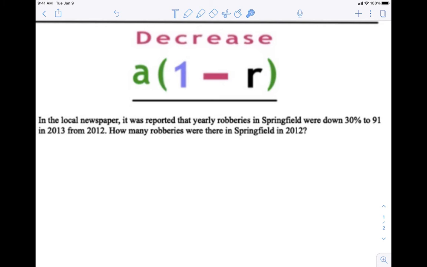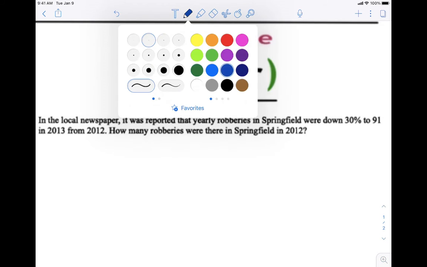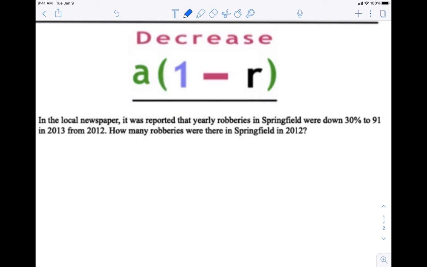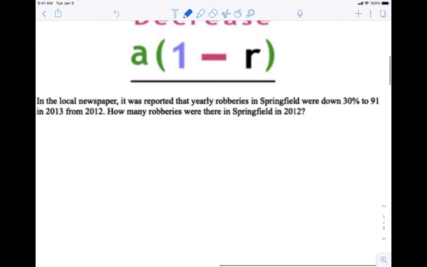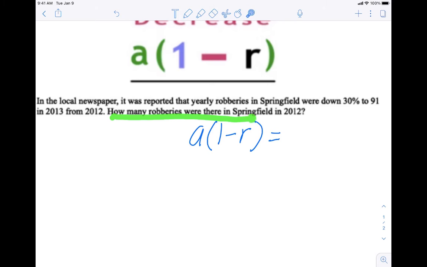Now this one is a little different, everyone. So I'm going to start with writing my formula here. So I'm going to say A parentheses 1 minus R parentheses equals. Now, what are they asking us? So this question is asking how many robberies were there in Springfield in 2012?